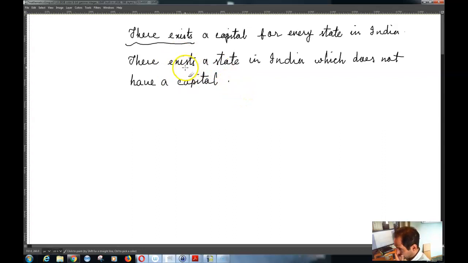So that's how they have negated this, which is of course absolutely right. And I suppose this is much better than what I had written. Now question number 4.